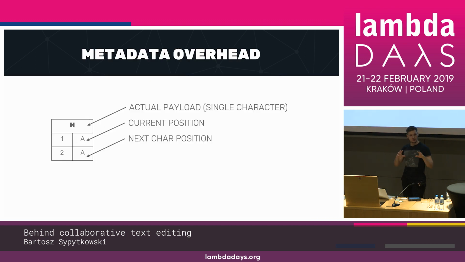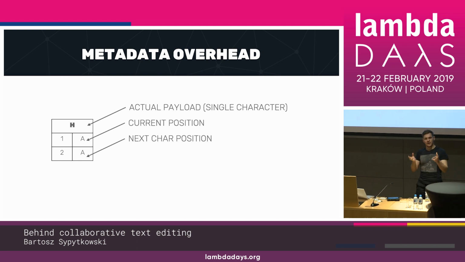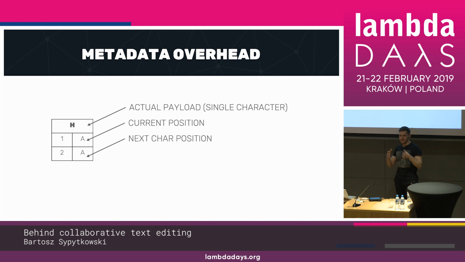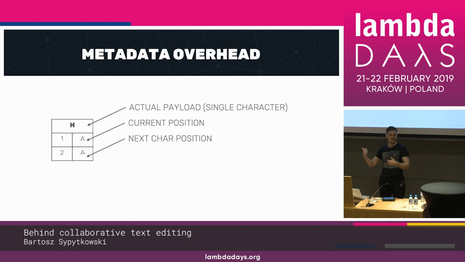Actually, how it looks is that we wrap our characters in cells where every cell has its own position identifier and points to the next position that we are interested in, because those don't have to be specifically inserted into an array or string. They are usually implemented in the form of something that we call ropes.